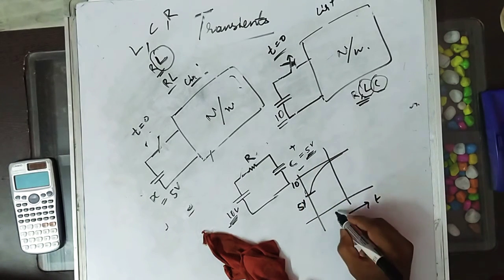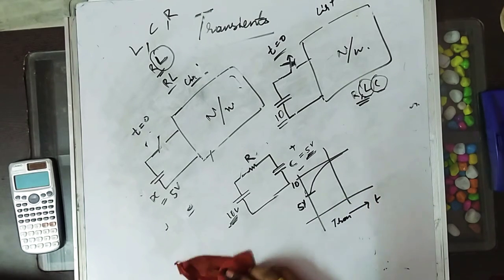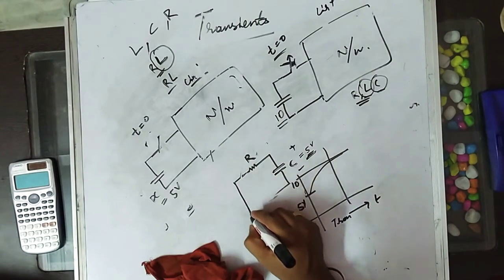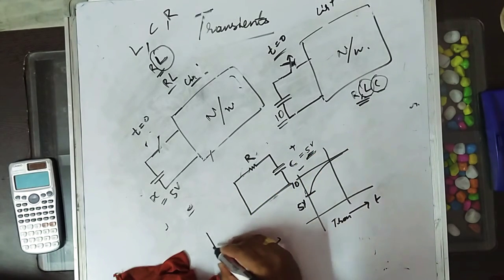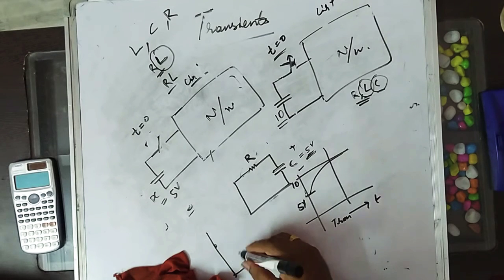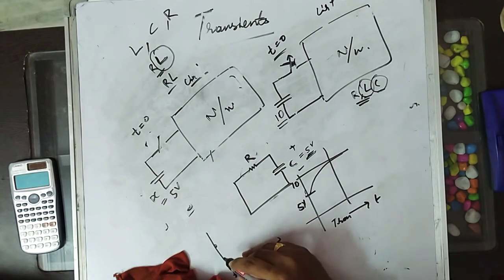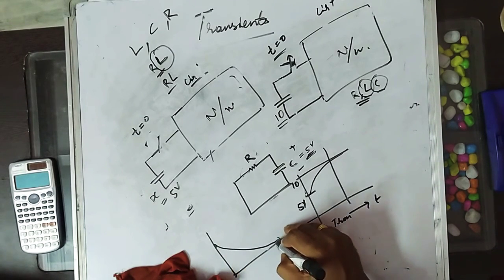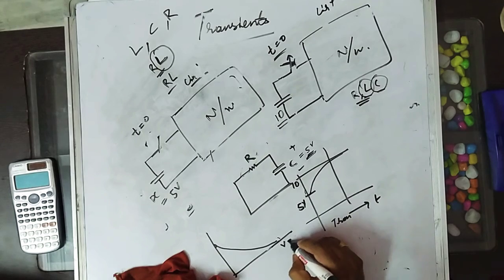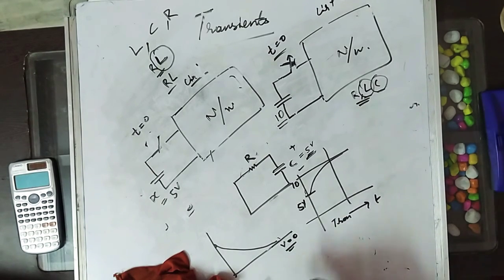Analyzing this is called transients. Without giving any source, if I short it after charging, the voltage will decay. This is called transients.